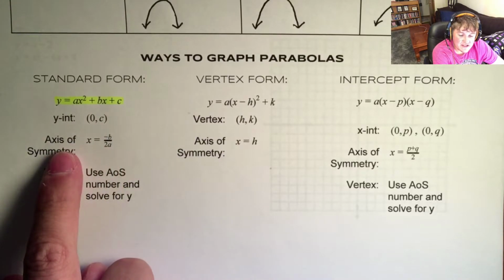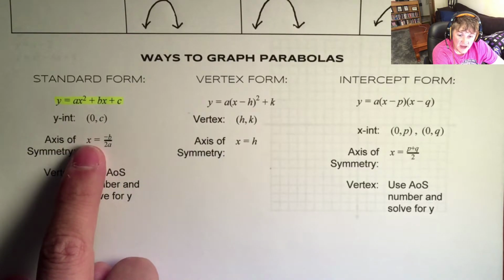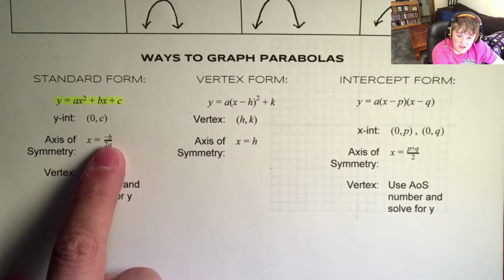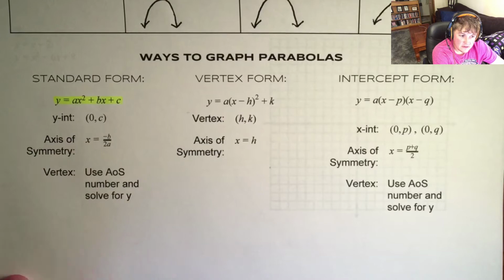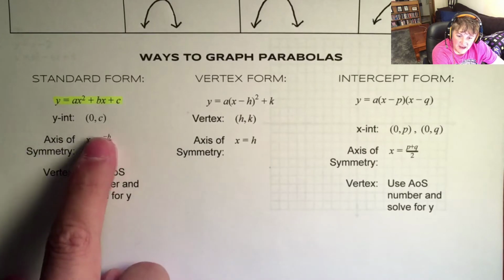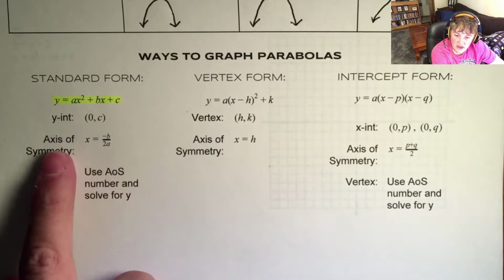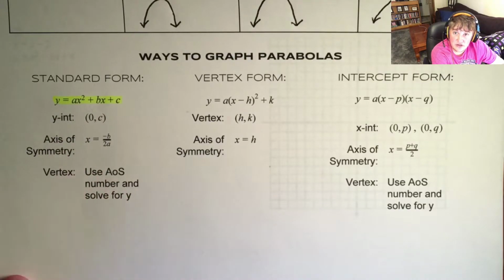You can find the axis of symmetry by using x is equal to the opposite of your b value divided by 2 times your a value. Just a formula and go. And then whatever that x value is, plug it into the function for the y value. Those two together are your vertex.